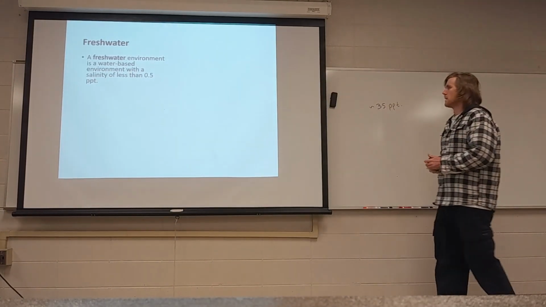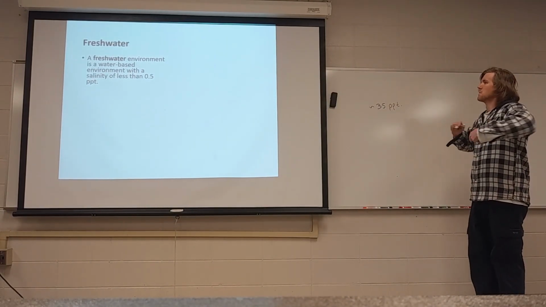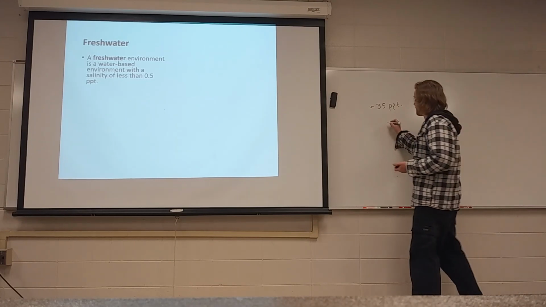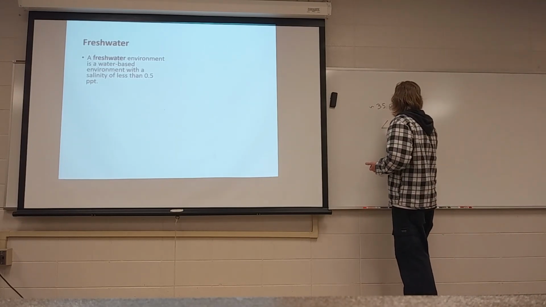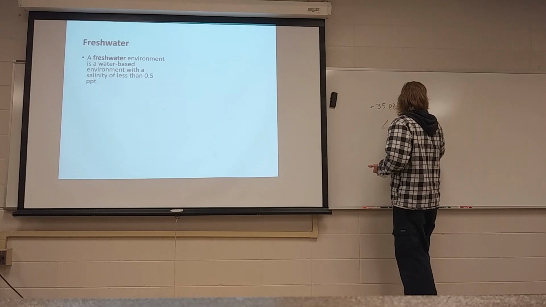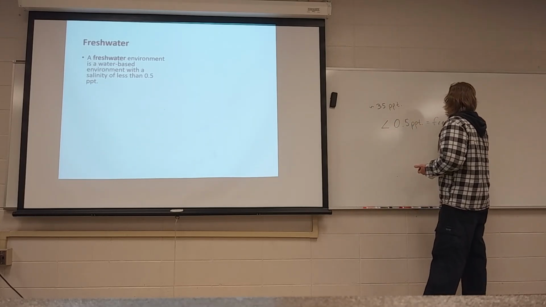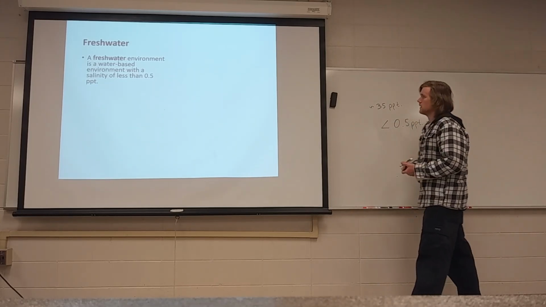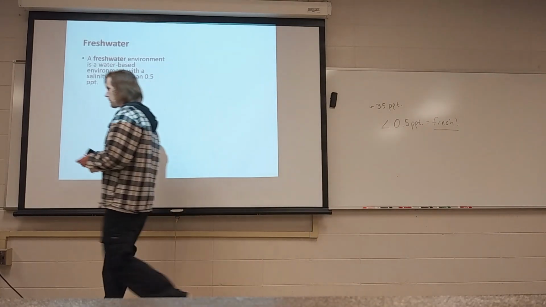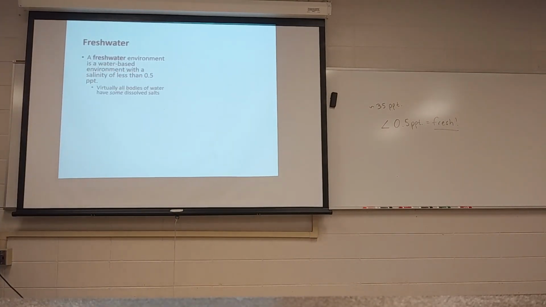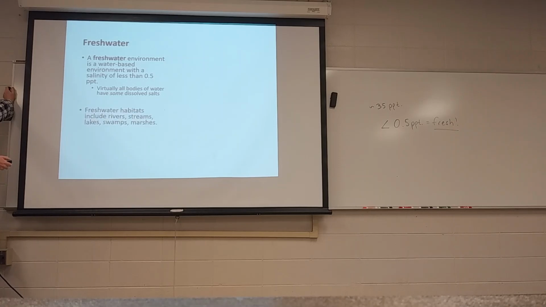And that number is less than 0.5 parts per thousand. So if you have less than 0.5 parts per thousand, you are a freshwater habitat. Again, pretty much every single body of water is going to have some salt dissolved in it.